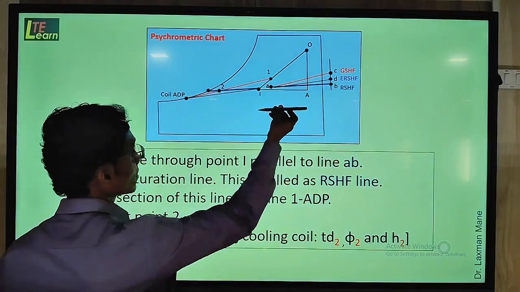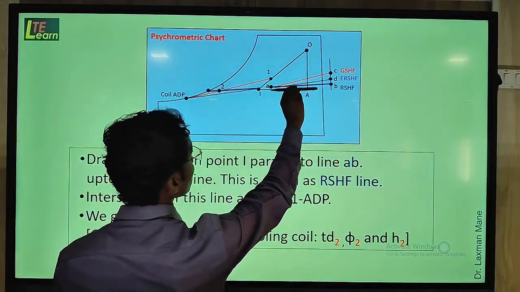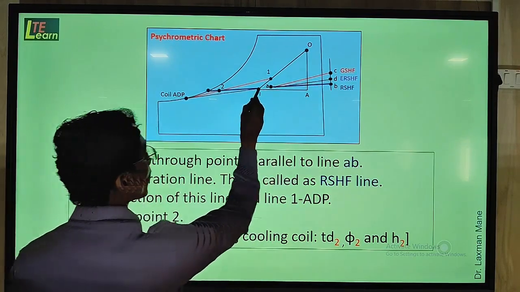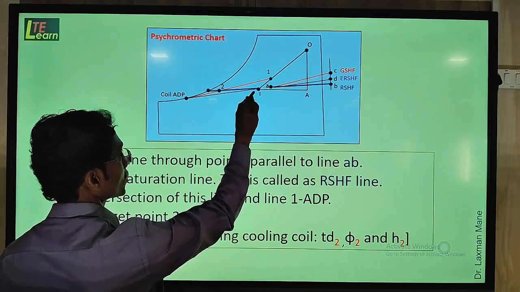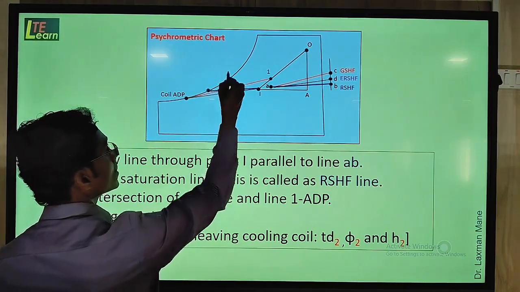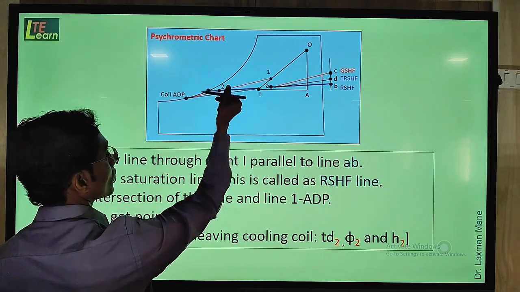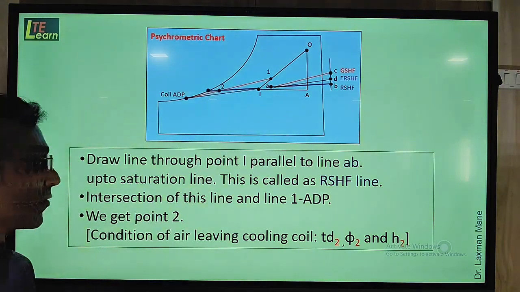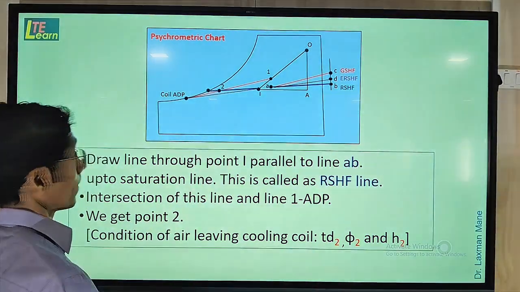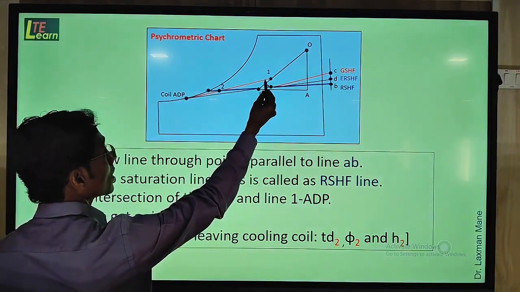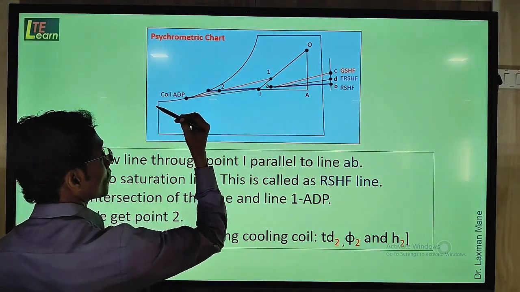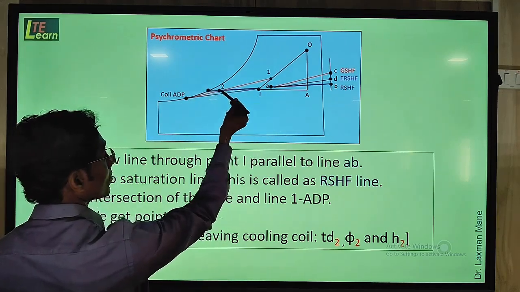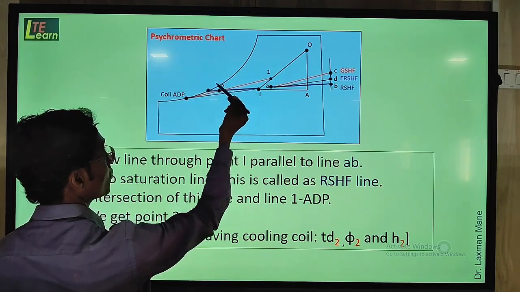So as we discussed here, we now draw a line parallel to this AB line through point I, that is the indoor condition, up to the saturation curve. This line is called the room sensible heat factor line. Then we have already drawn the line 1 to ADP, this red color line, and this RSHF line, blue color line.